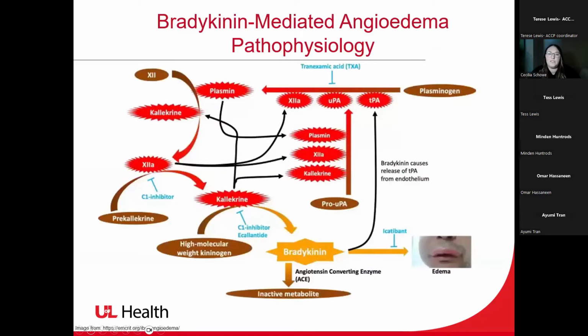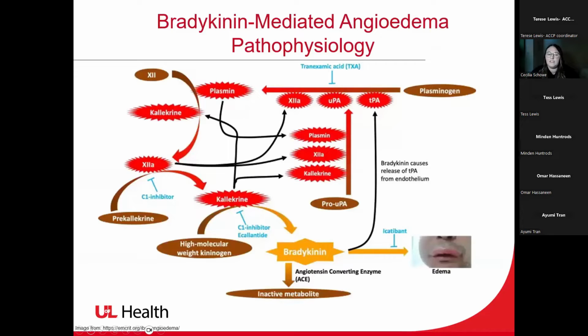When we look at the pathophysiology of angioedema, this picture is kind of busy, but it gives you an interpretation of how this is really a spiral of a lot of different factors. It starts at the bottom where you have prekallikrein, which is transformed into kallikrein via factor 12 within our coagulation cascade.